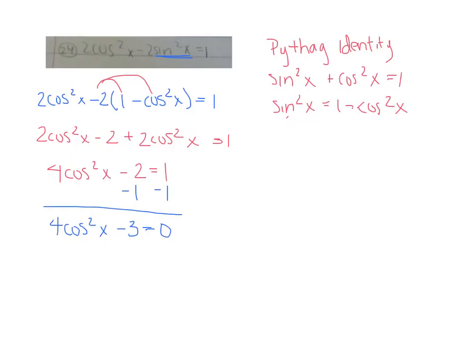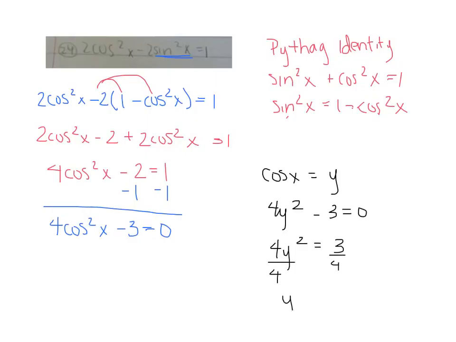Since this is only one function and one single number, we can actually solve this just by working with square roots. It would be equivalent to using cosine x. Let's make that equal to y. So it would be like 4y squared minus 3 equals 0. So solving for y, we get 4y squared equals 3. Divide both sides by 4. y squared equals 3/4.